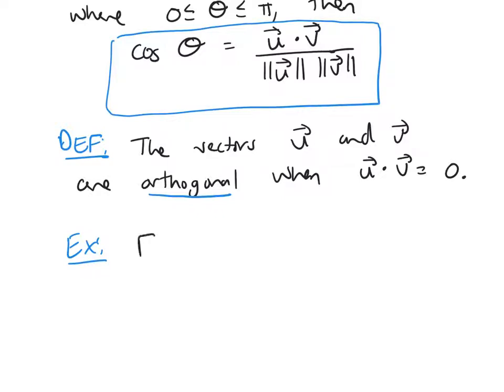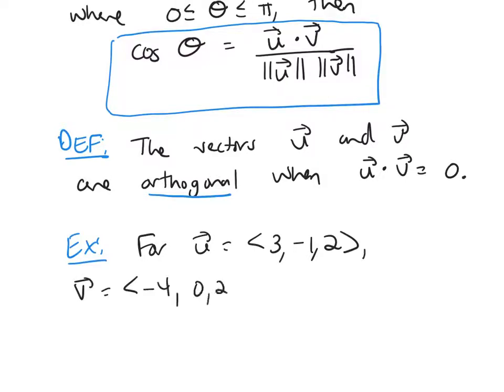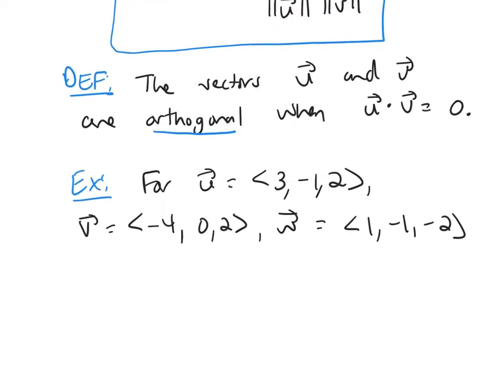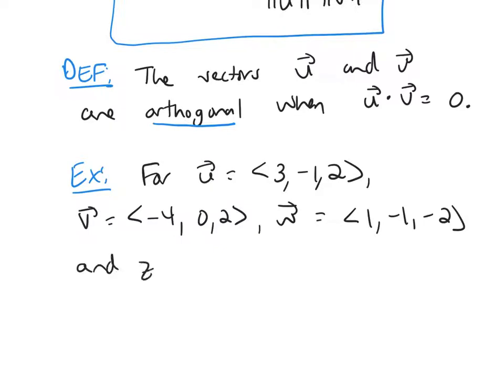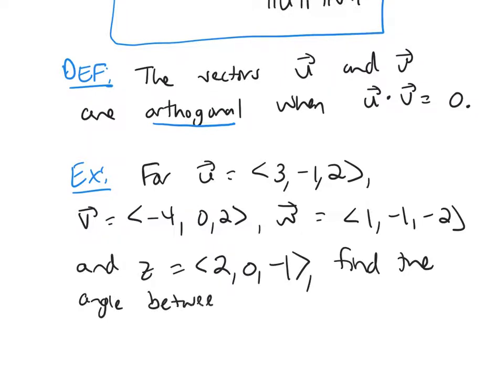So what I want to do for the vectors u, which will be 3, -1, 2, the vector v, which will be -4, 0, 2, w, which will be 1, -1, -2, and finally z, which will be 2, 0, -1: find the angle between each pair of vectors.